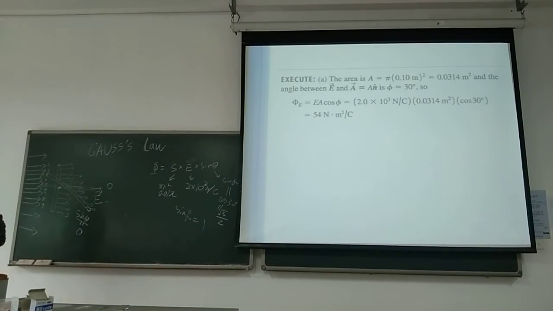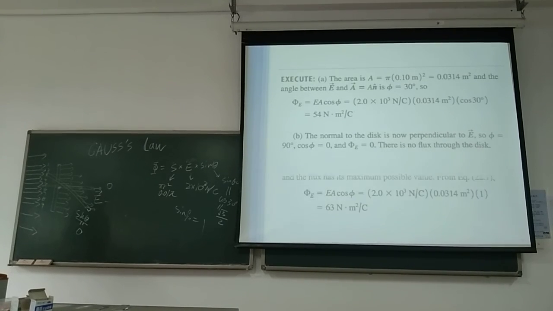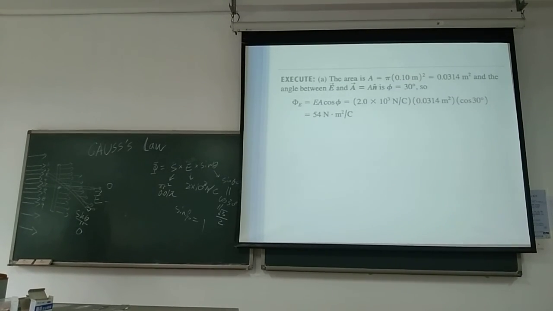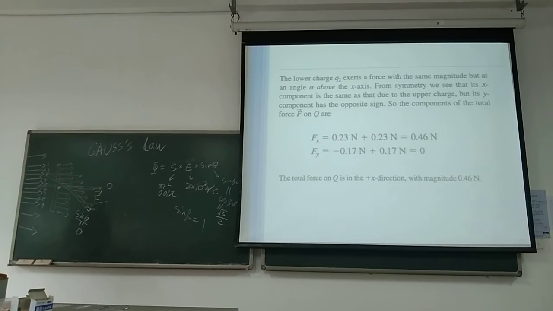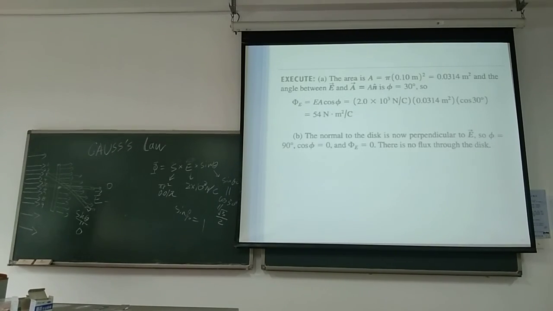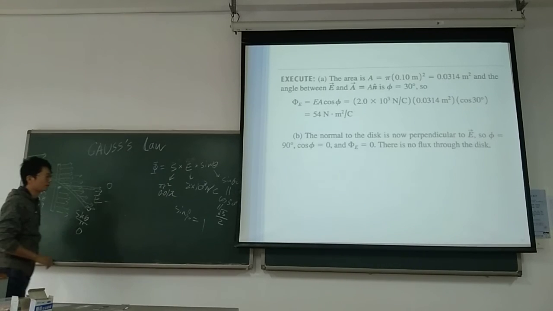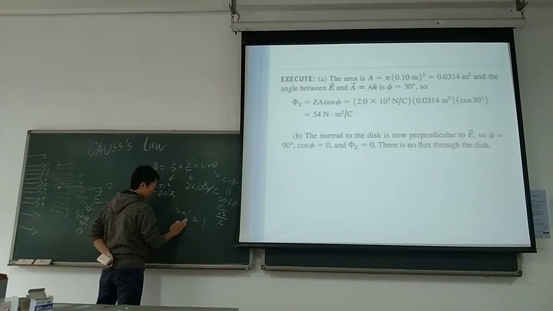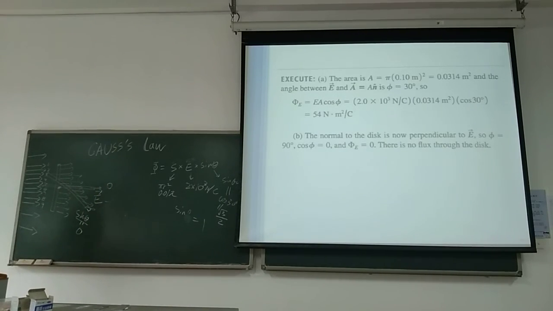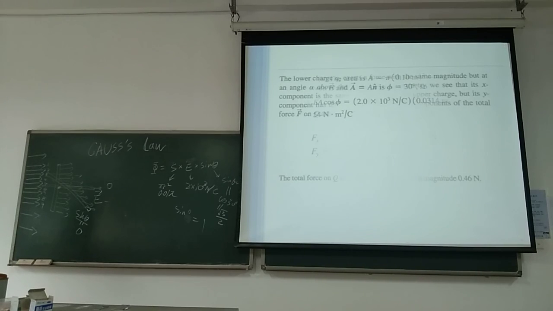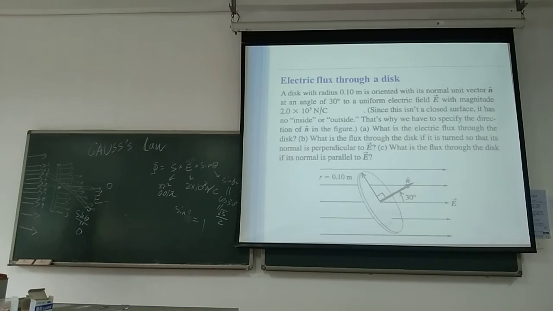The final result? Incorrect choice, sine 0. Try again. What is the flux through the disk if its normal is parallel to E?